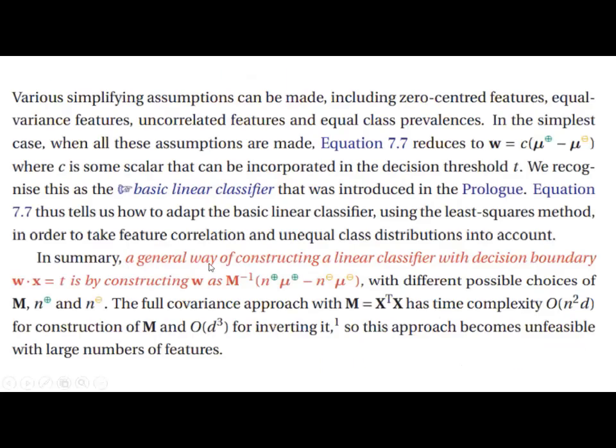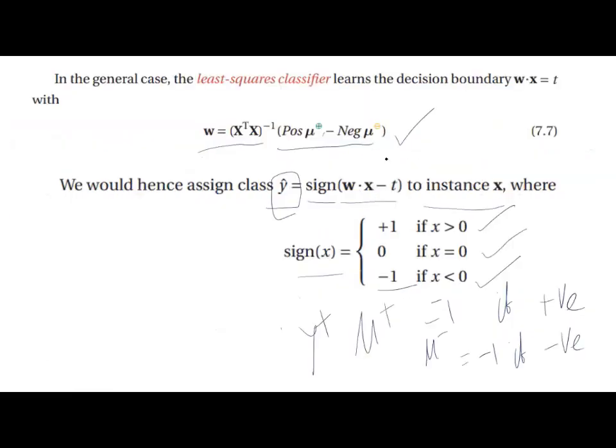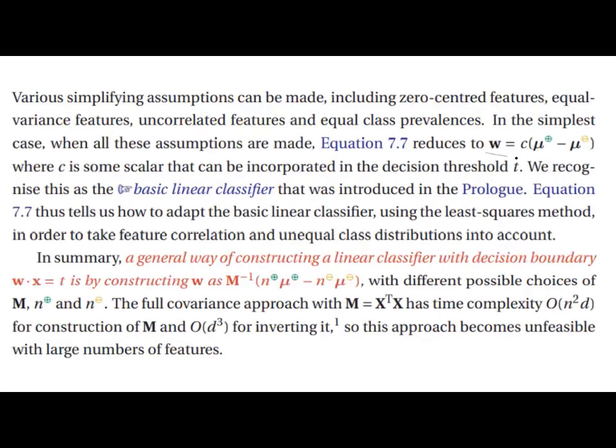Various simplifying assumptions can be made, including zero-centered features, equal variance features, uncorrelated features, and equal class prevalences. In the simplest case, when all these assumptions are made, this equation gets reduced to w = c (mu positive - mu negative), where c is some scalar that can be incorporated in the decision threshold t.